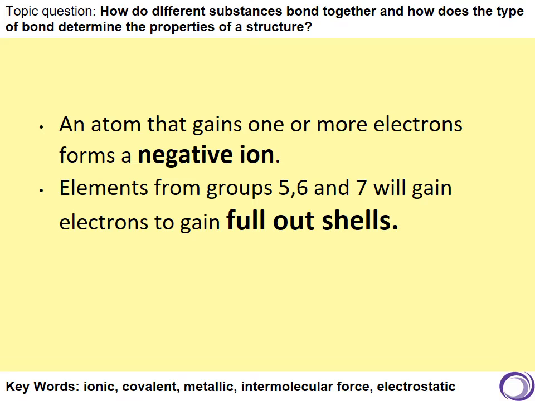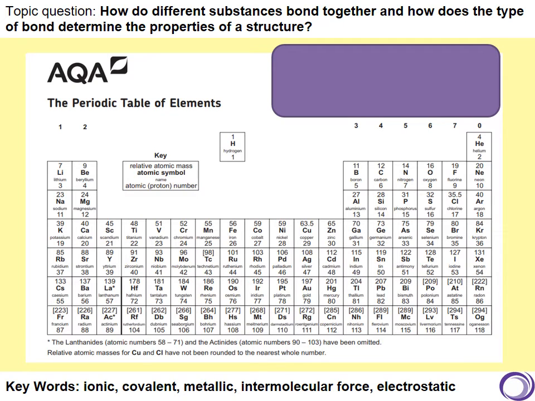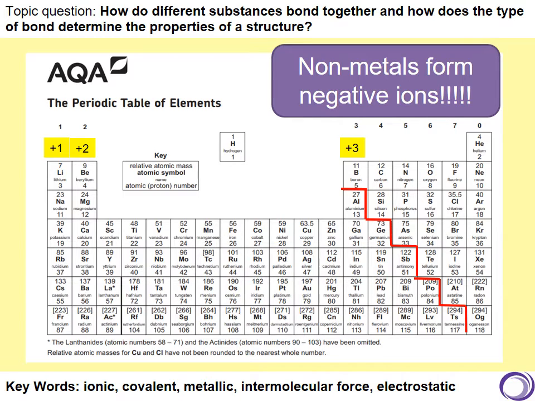An atom that gains one or more electrons forms a negative ion. It's gaining negativity. Elements from groups 5, 6 and 7 will gain electrons to get full outer shells. And if we go back to our periodic table, we can show our positive metal ions, and then non-metals form negative ions.